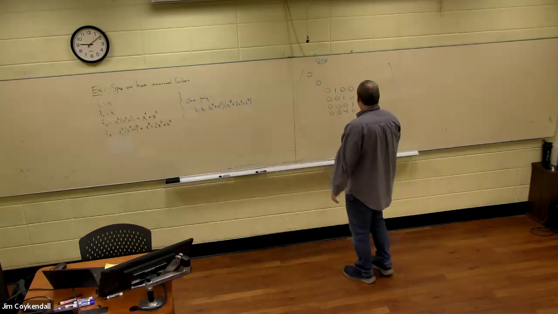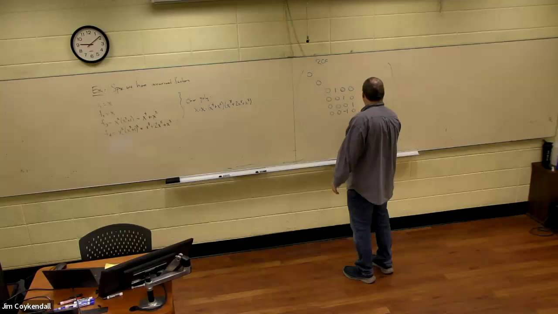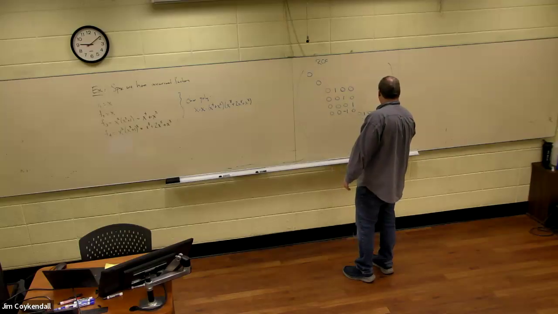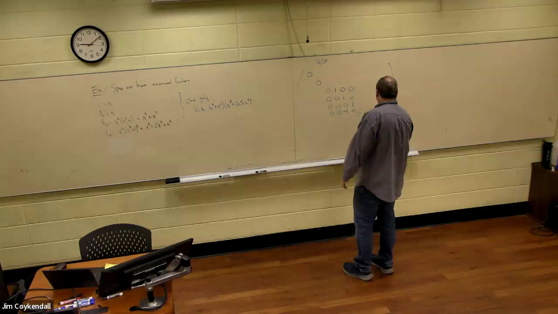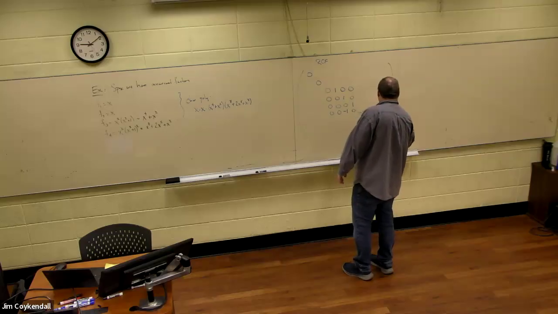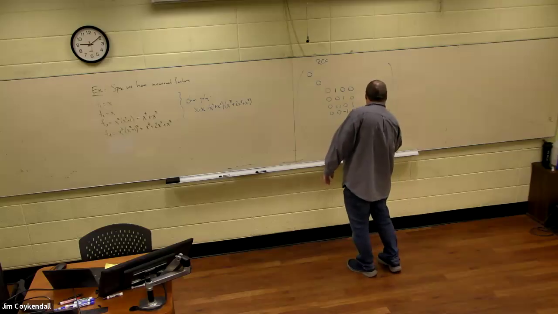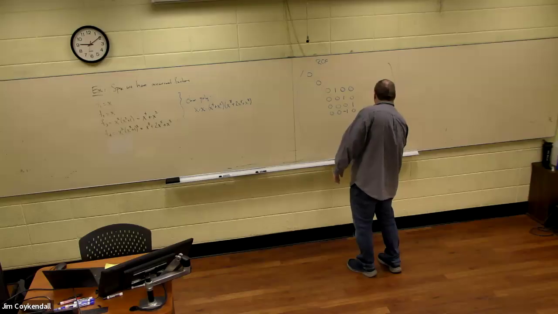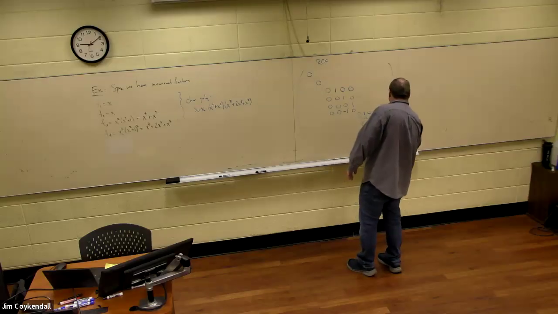And how about the 7th one? Yeah, we get a 7 block. 0, 1, 0, 0, 0, 0. One more 0. 0, 0, 1, 0, 0, 0, 0. 0, 0, 1. 0, 0, 0, 0, 1, 0, 0. 0, 0, 0, 1, 0. 0, 0, 0, 0, 0, 1.